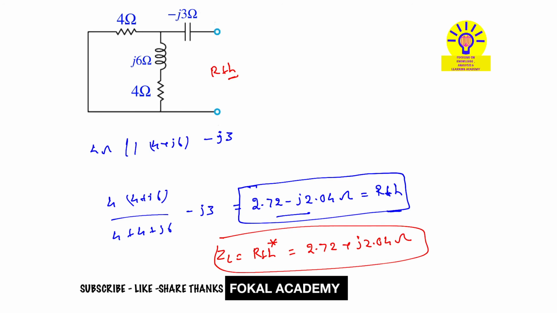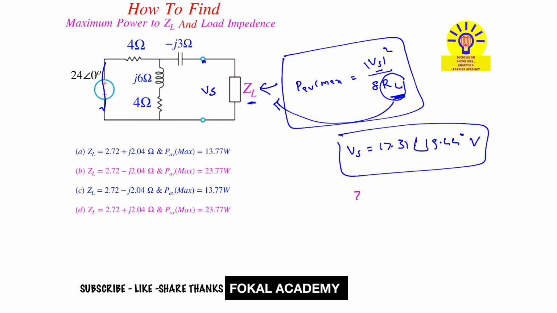See here, for A plus jB the complex conjugate is A minus jB. By applying this we get this value, and this is the load impedance because it is not a pure resistance. So the load impedance we got is ZL equals 2.72 plus j2.04.